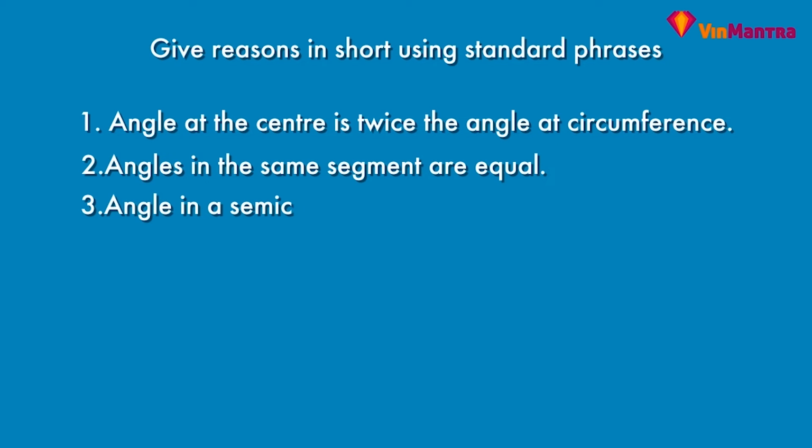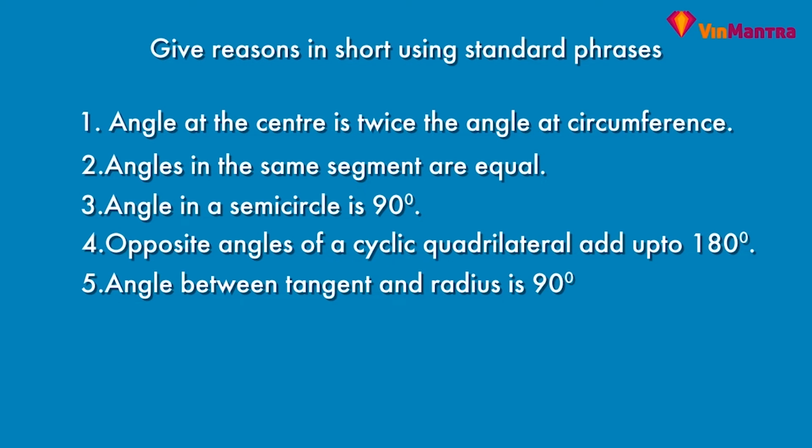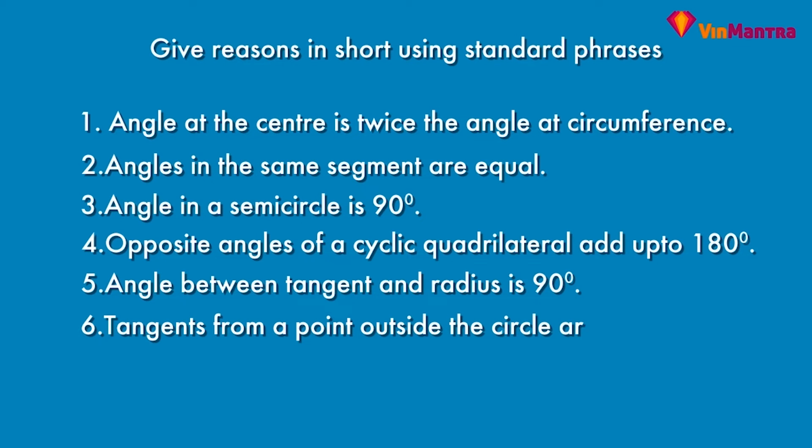Angle in a semicircle is 90 degree. 4. Opposite angles of a cyclic quadrilateral add up to 180 degree. 5. Angle between tangent and radius is 90 degree. 6. Tangents from a point outside the circle are equal. 7. Alternate segment theorem.